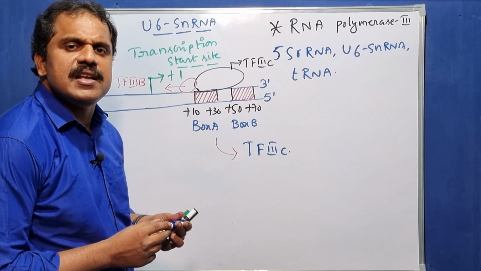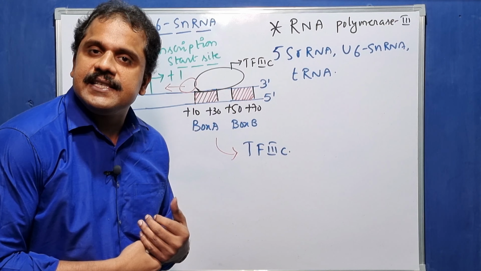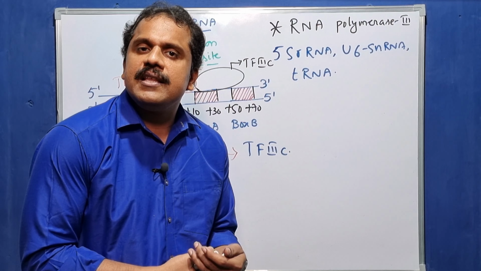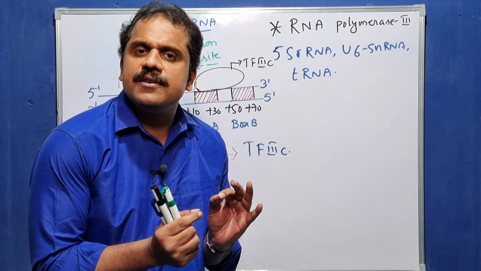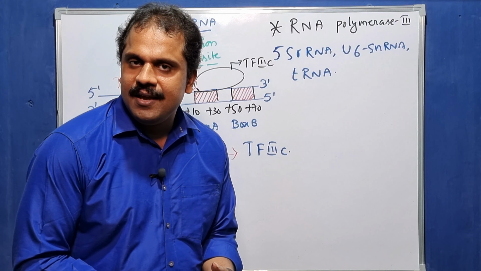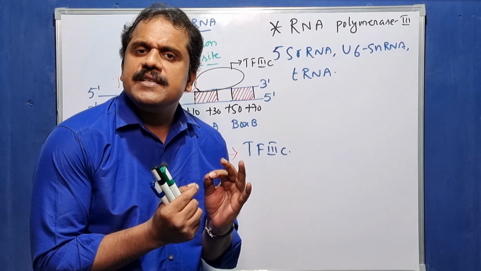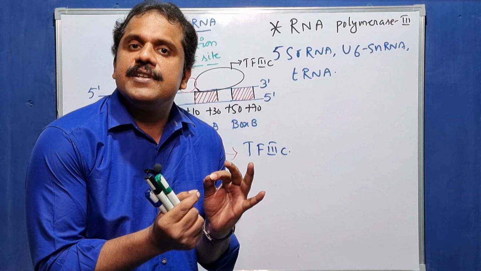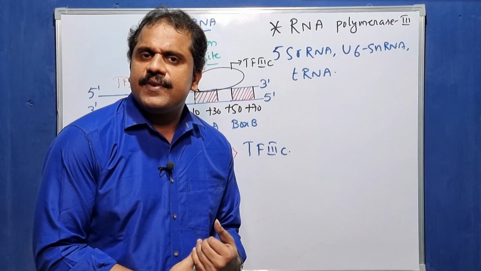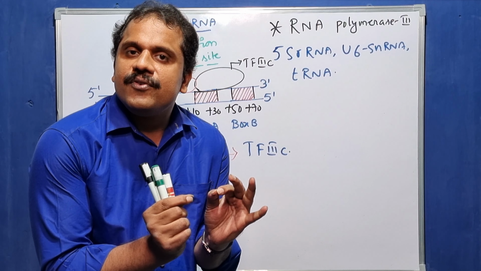Is it clear? Once TFIIIC successfully dissociates from the promoter region, it in turn allows one more factor, an enzyme which is responsible for the successful expression of tRNA, and it is RNA polymerase III. Likewise in eukaryotic mRNA synthesis, RNA polymerase III takes advantage of a specific protein, the TATA binding protein. By taking advantage of TATA binding protein, RNA polymerase III is capable of recognizing the promoter region.